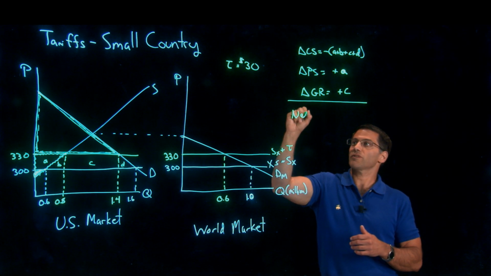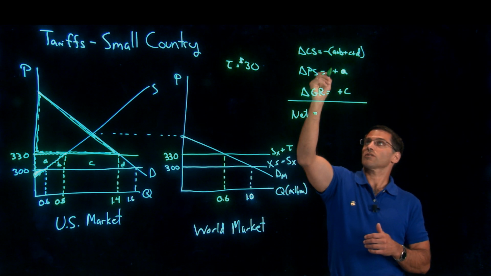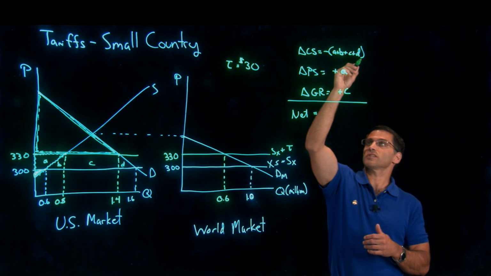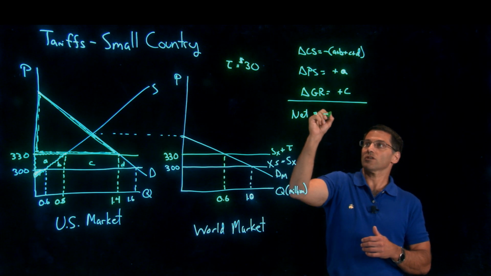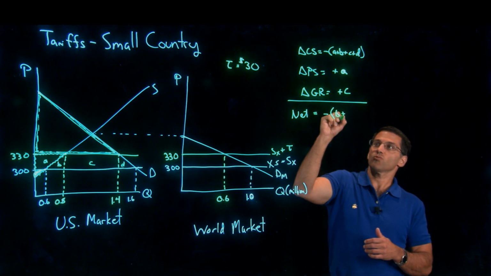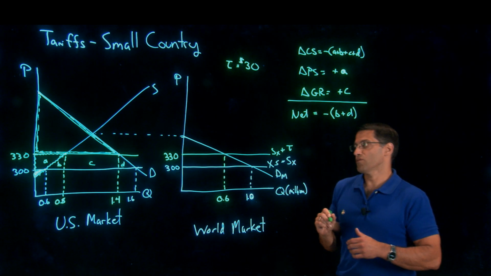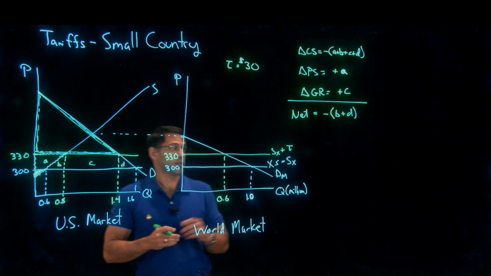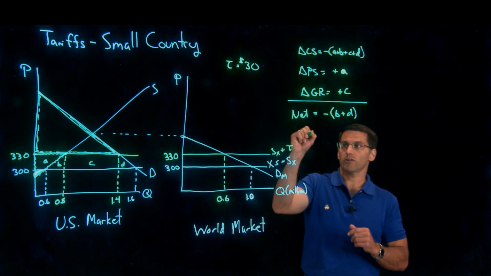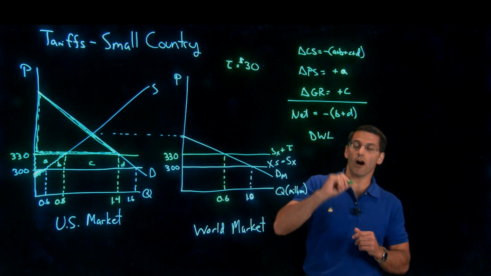So what's the net effect here? Well, consumers lose A, B, C, and D, but A goes to producers and C goes to the government, which leaves us with a net loss of B and D. And we call that loss our deadweight loss.